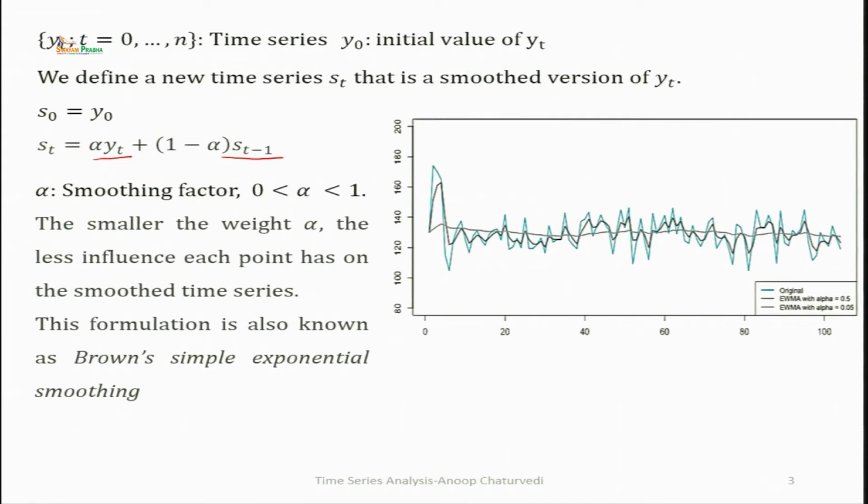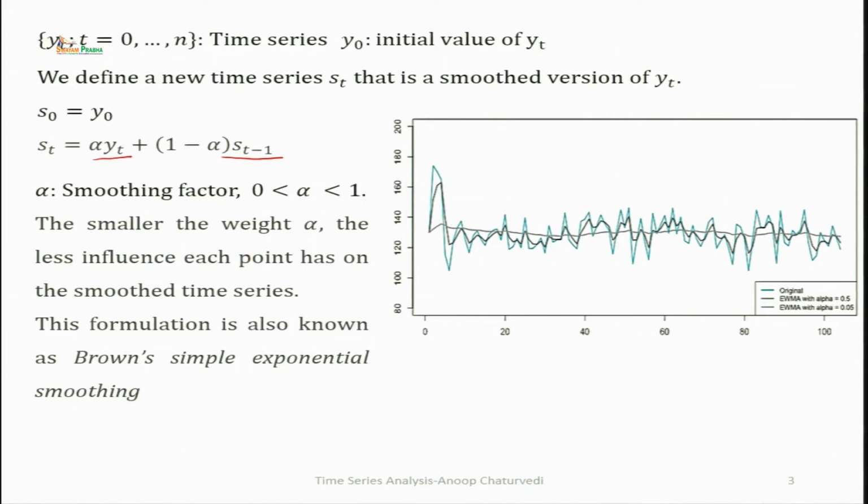So, this is actually a weighted average of current value of the time series y t and one period lagged value of the smoothed series. Then the smaller the weight alpha, the less influence each point has on the smoothed time series.